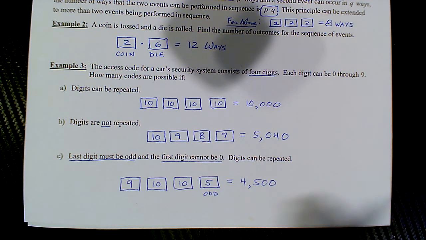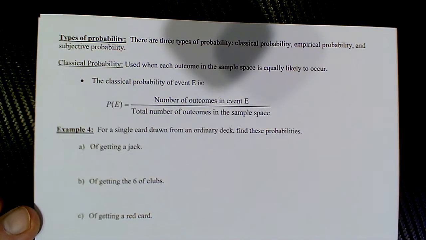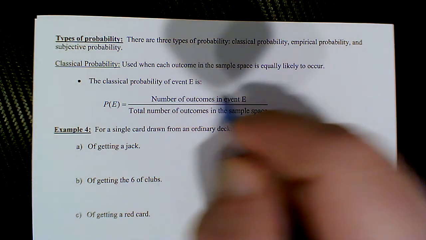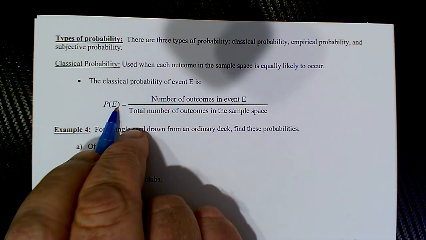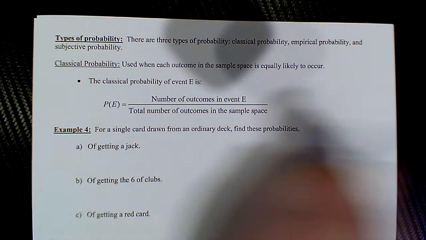Okay, continuing with basic probability. There's 3 main types: what we call classical, empirical, and subjective. Classical, when everything's equally as likely. There's a formula, probability of the event, that's how we read this. Probability of event E, P of E, if you like.